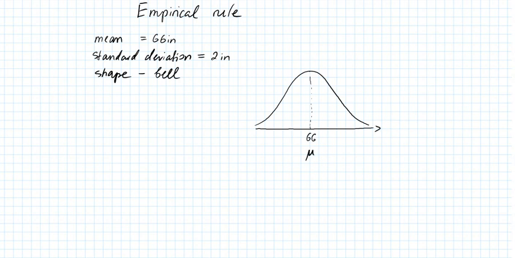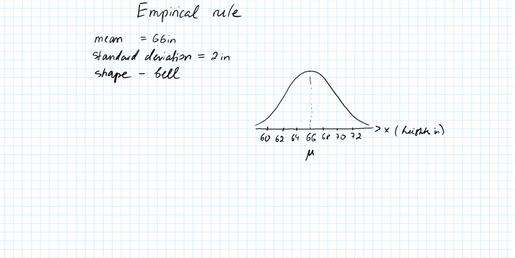This right here represents the heights in inches. And the standard deviation from here will change 2 units left and right about 3 times. So plus 2 gets us to 68, plus 2 gets us to 70, and plus 2 gets us to 72. Then if I go to the left, it would be minus 2, so that's going to get us to 64. Minus 2 again gets us to 62, and minus 2 again gets us to 60.